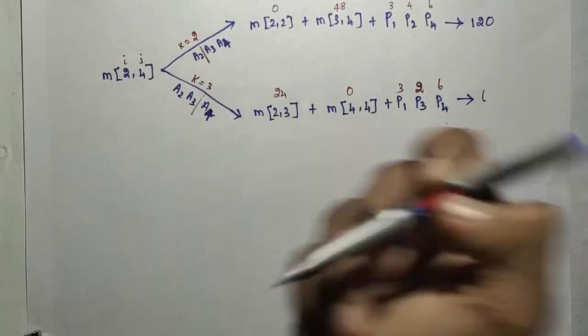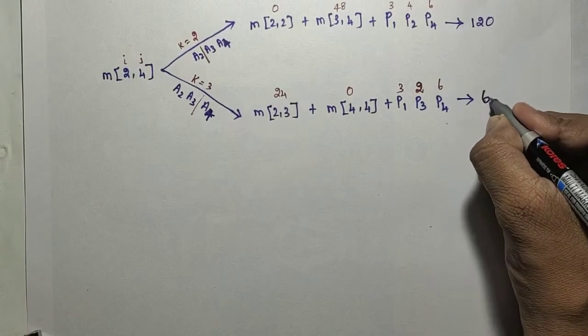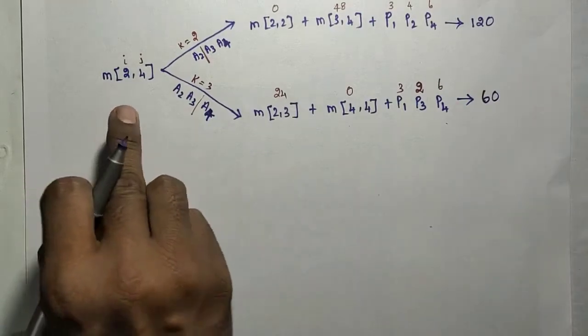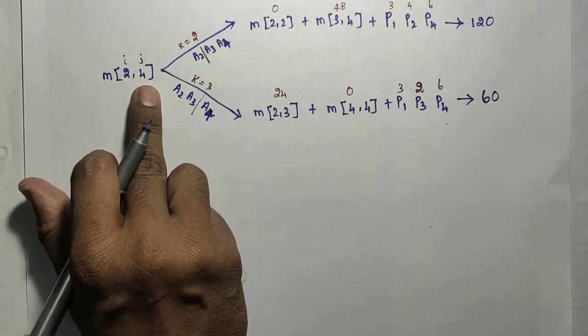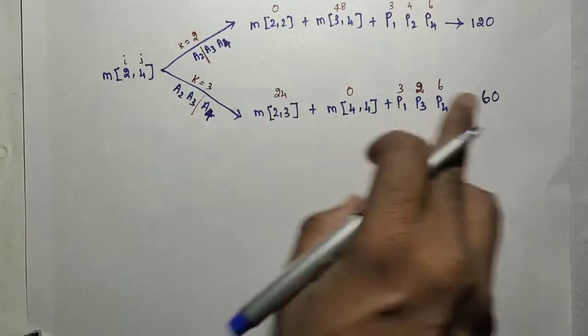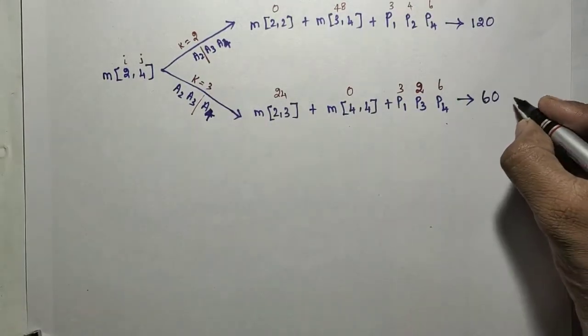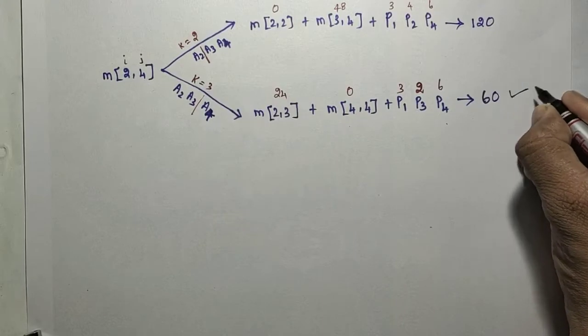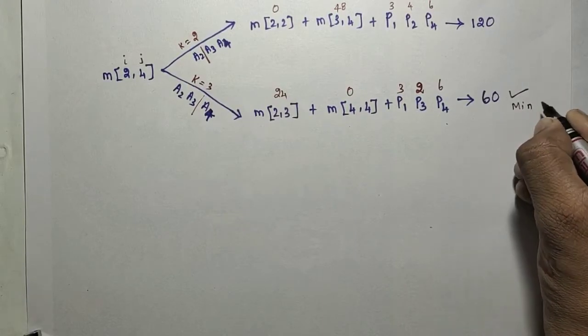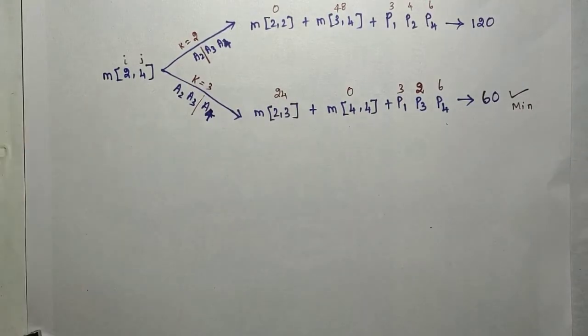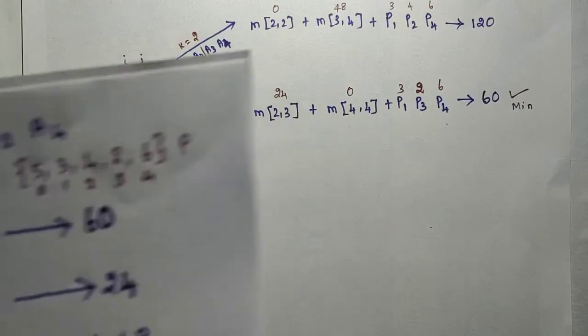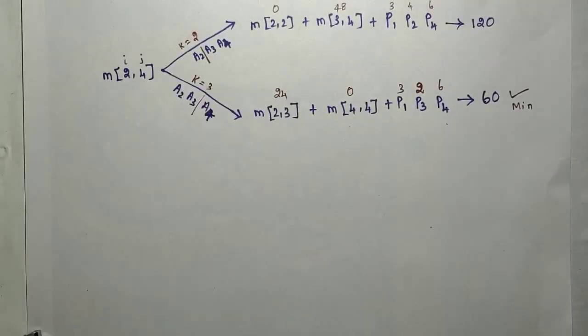Okay, so among these two we need to choose the minimum. For multiplying the matrices from 2 to 4, if you choose this order you will get 60. So I need to choose this as the minimum. That has to be stored into 2 comma 4.